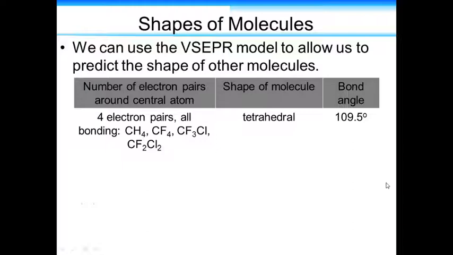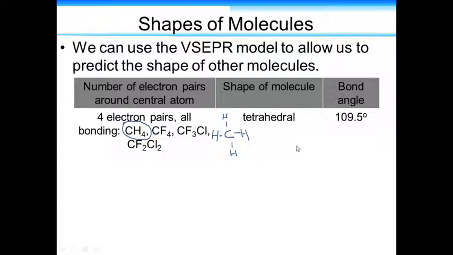But remember, we need to try and visualize this in 3 dimensions. In 3 dimensions, for something like methane here, remaining in a flat plane where all the electron pairs in the bonds are at 90 degrees is not as far apart as they could be.